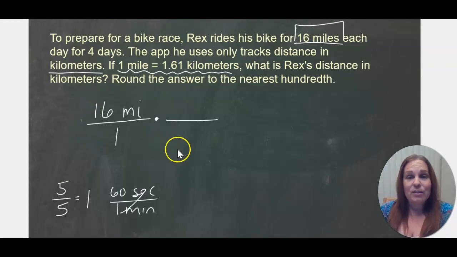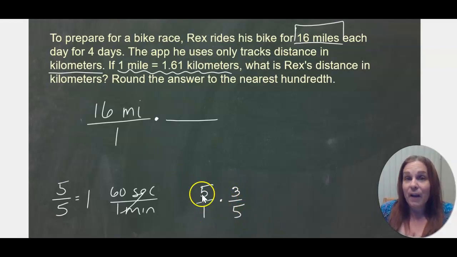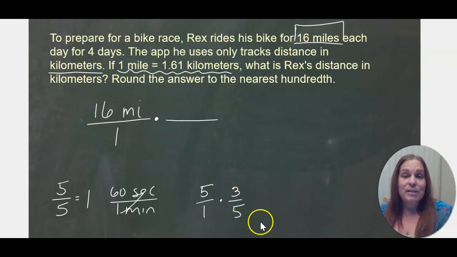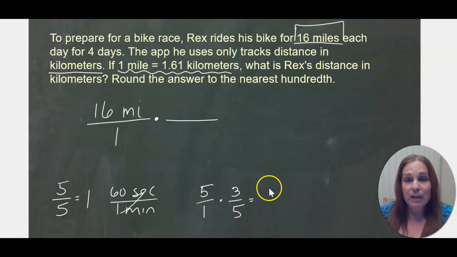Now, the way that I write my conversion ratio is going to depend on what I want to cancel out. Let me give you another side example. Let's say we have 5 over 1 times 3 over 5. The 5s are going to equal 1 because I've got a 5 on top and a 5 on the bottom. And actually, when I multiply this out, I would have 5 times 3 on top. I'd have 1 times 5 on the bottom, right?